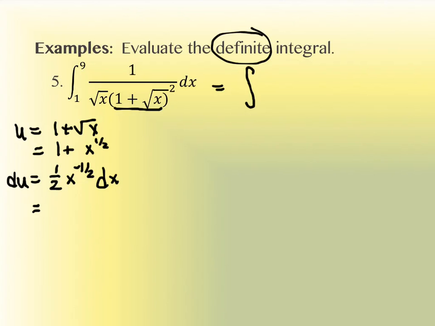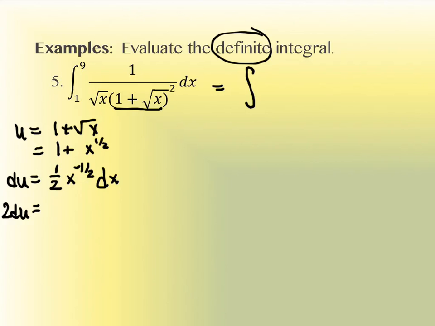The 1/2 is clearly not in the problem, yeah? So there's definitely not a 1/2 in this problem as it was originally written. Agreed? So what I'm going to do with the 1/2 is I'm going to multiply to the other side. Or I'm going to divide the other side by 1/2, but that's the same as multiplying both sides by 2. Okay, so I'm going to multiply both sides by 2, which gives me 2 du on the left, and the 1/2 will go away on the right.